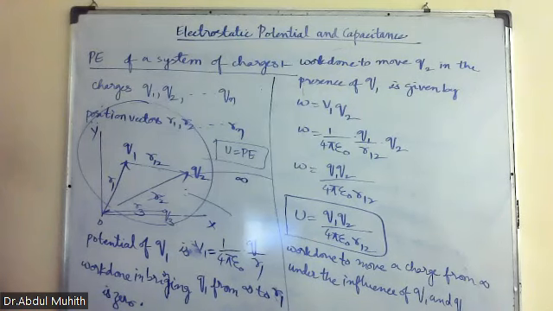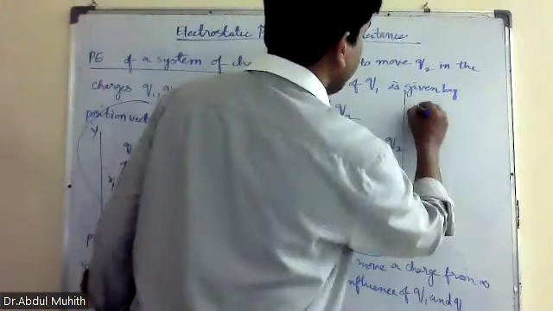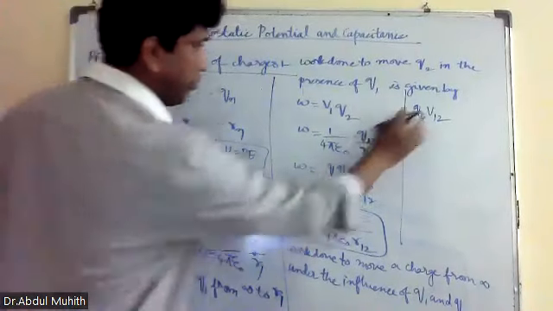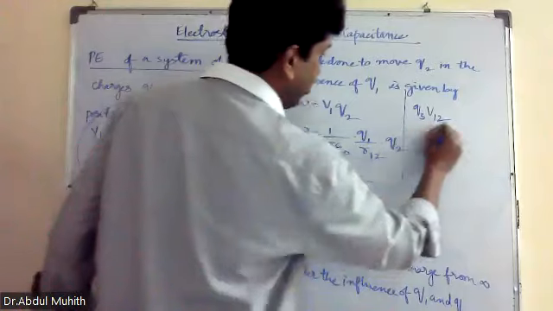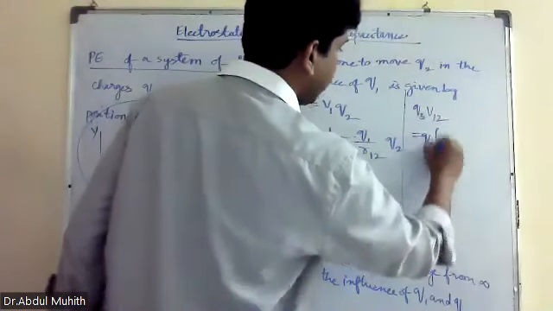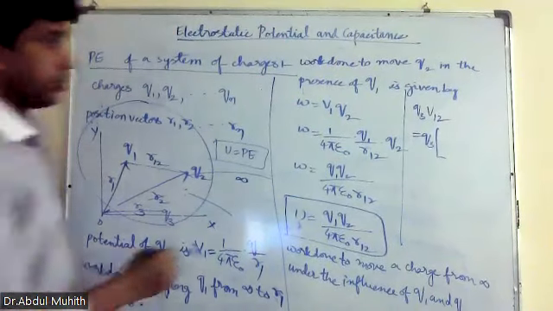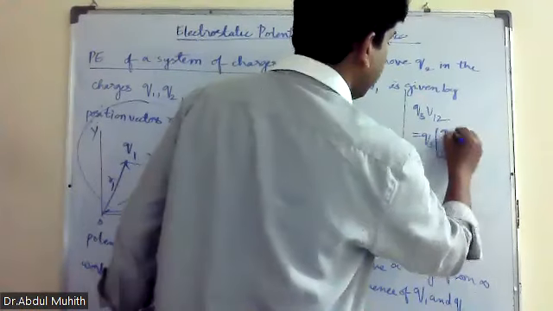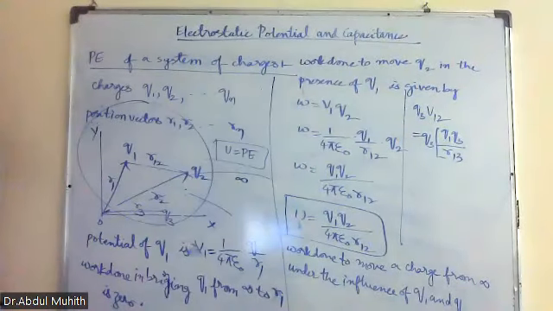The potential energy is Q3 into V12. So we have Q3 into V12. This is U12. So here it will be how much now? Q3 into what is V12? V12 is equal to Q1, Q3 by R13.